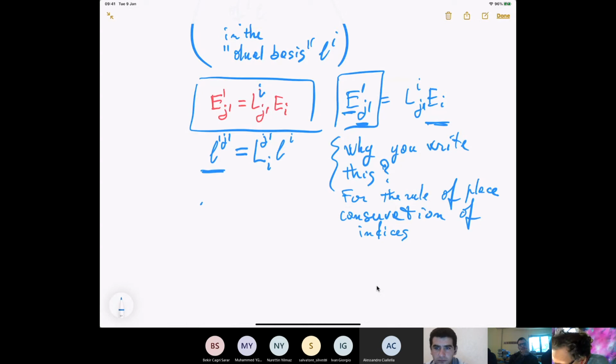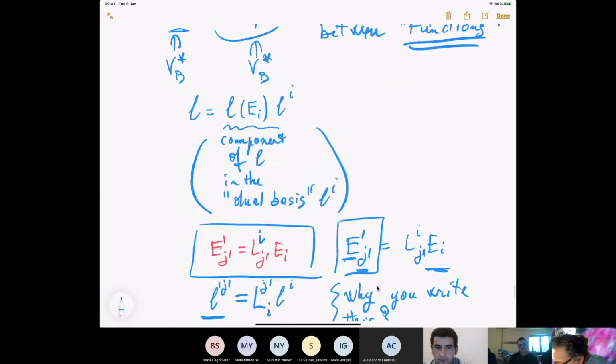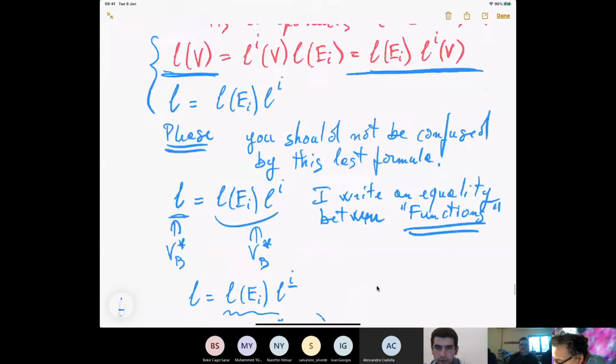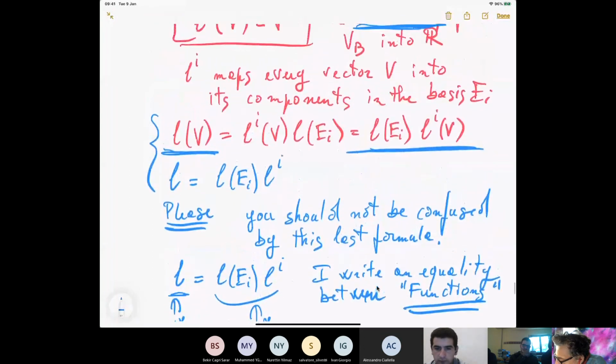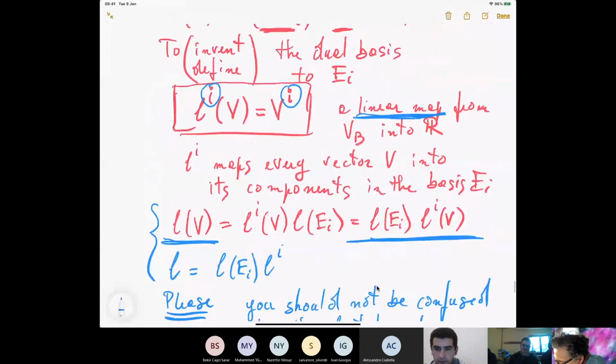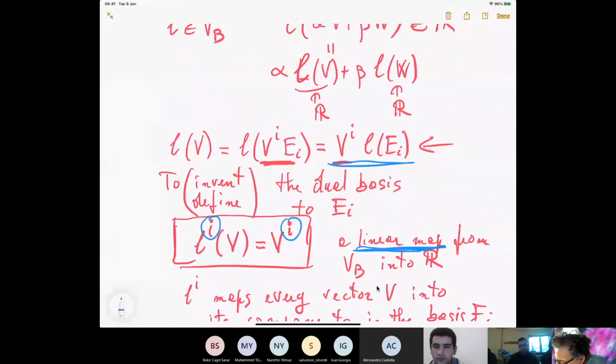You have an Lj prime. By the way, why did we write this prime at the top, this index at the top here? Because we want to write this formula here. So L of V is L of Vi Ei. Vi goes out.